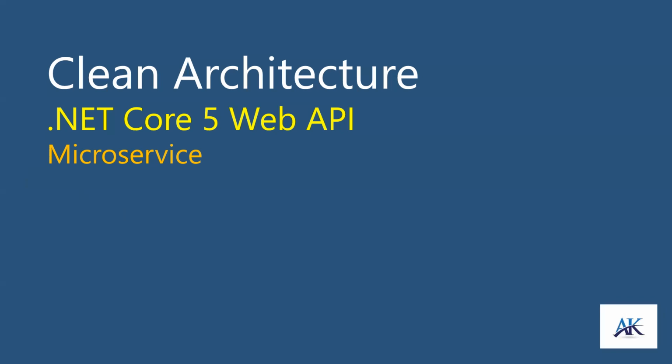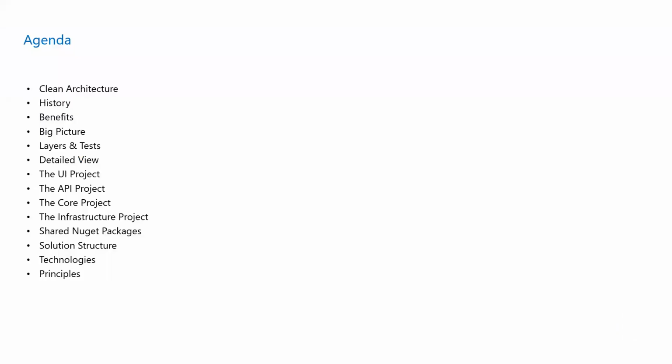In this course, I will cover these topics: what the clean architecture is, and a little bit of background on the history of the clean architecture, the benefits, the big picture, the layer structure, and the tests. What are the different tests we can write for each layer, and the detailed view of the clean architecture, the UI project structure, the folder structure and the components used, the same for the API project structure, components and folder structure.